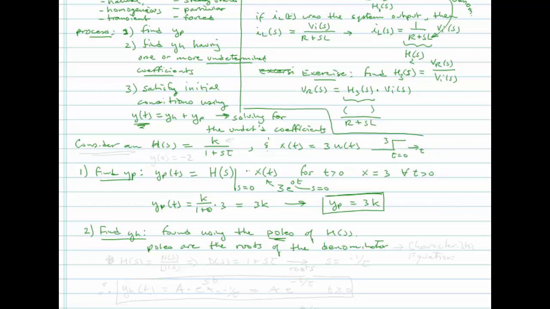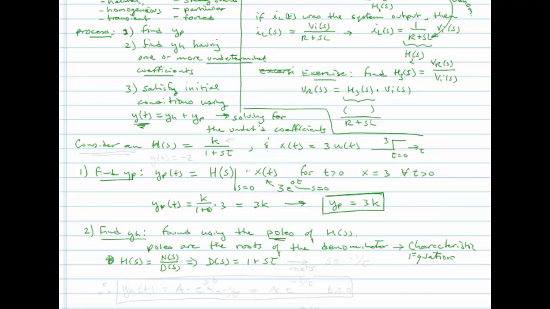And the denominator turns out to be the characteristic equation, and I have a previous video that talks about that. So, in our case, if we say that h of s is equal to a numerator over a denominator, then the denominator for our transfer function case is just 1 plus s times tau.